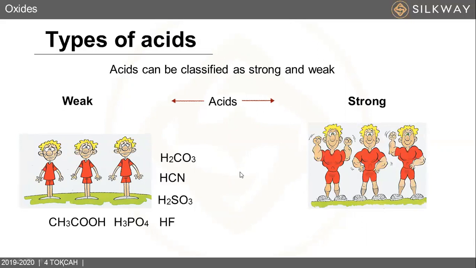The examples of weak acid are carbonic acid, hydrocyanic acid, sulfurous acid, hydrofluoric acid, phosphoric acid, and acetic acid. And the examples of strong acids are hydrochloric, hydrobromic, hydroiodic, nitric, perchloric, and sulfuric acids.